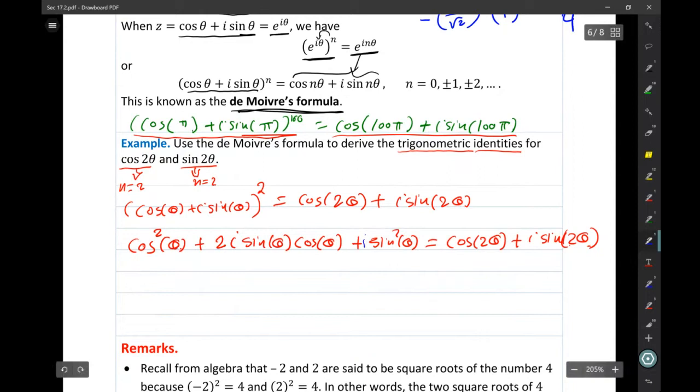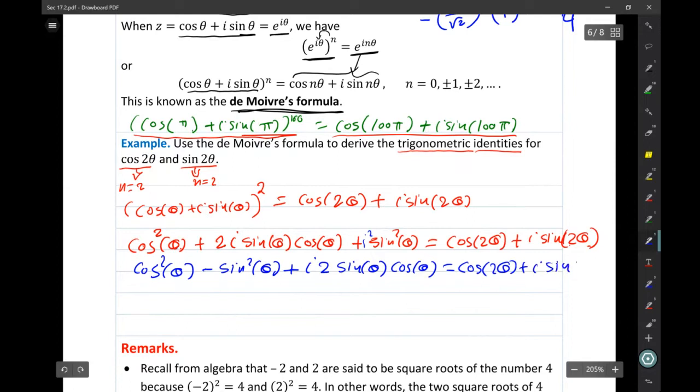Sorry, here we have i square, it is minus 1, so that becomes cosine square theta minus sine square theta plus i times 2 sine theta cosine theta to be equal to the right hand side, cosine 2 theta plus i sine 2 theta.